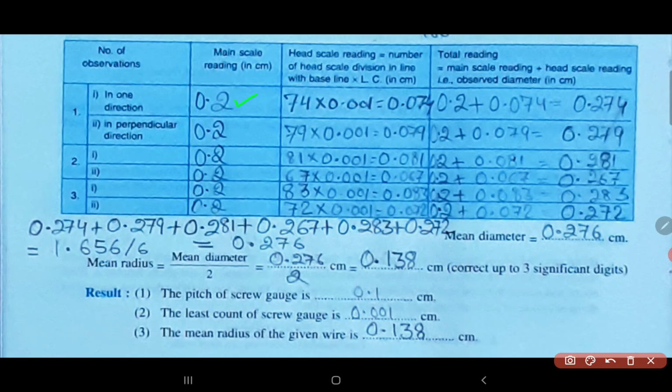Now the circular scale reading was 74, which I have multiplied with the least count, which is 0.001, hence I am getting 0.074. Then to calculate the total reading, I have added the main scale reading with the circular scale reading or the head scale reading, and thus I am getting 0.274 centimeter. Remember now the length is measured in centimeter, okay.